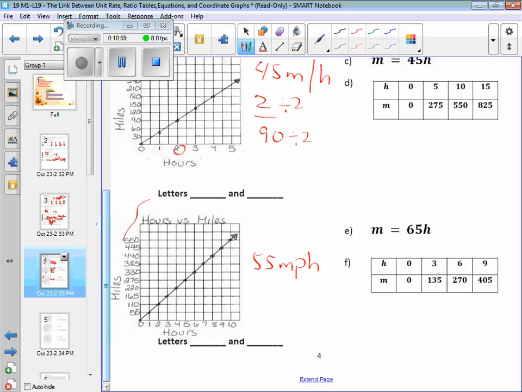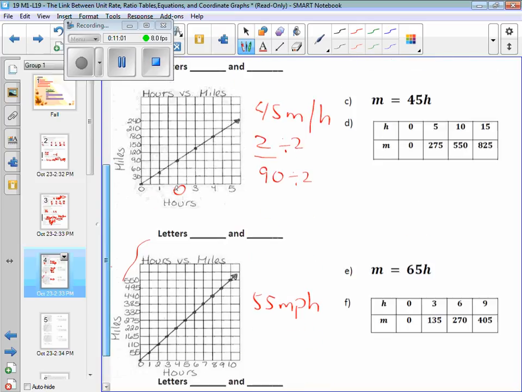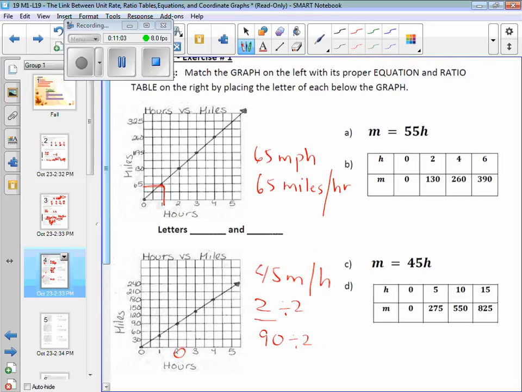So now we could try to match it up. Which of the three equations shown is 65 miles per hour? I got two hands on this. Take a look. It's pretty straightforward here. Andrew?